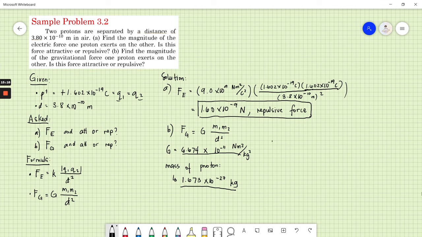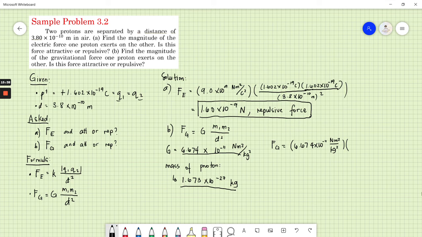Now let's solve for Fg just by plugging in the numbers. We know that the value of G is 6.674 times 10 raised to negative 11 Newton meter squared per kilogram squared, multiplied by the mass of protons.